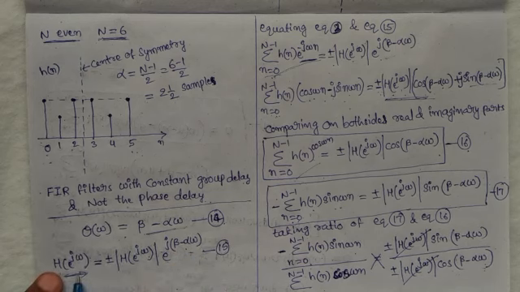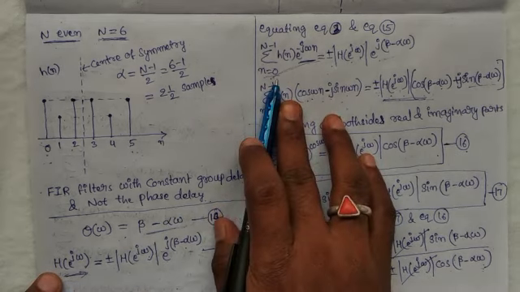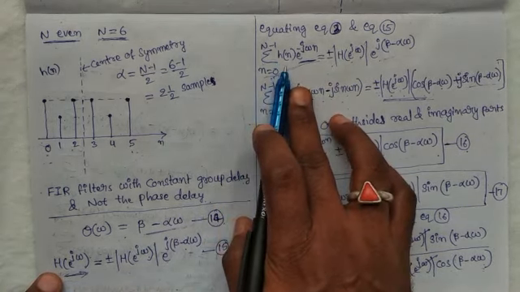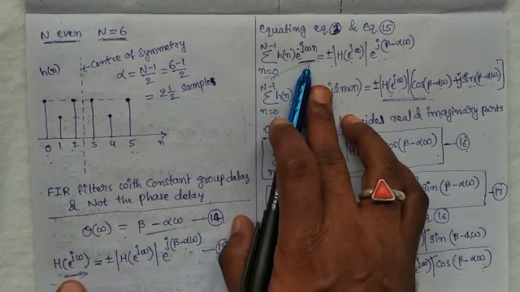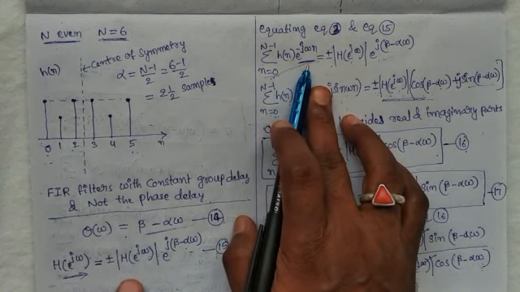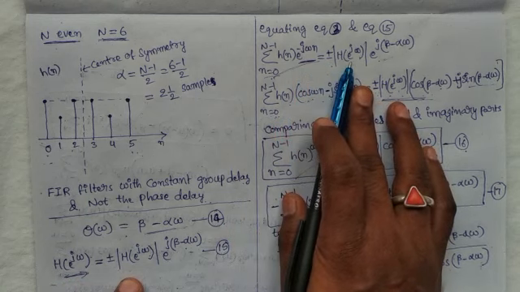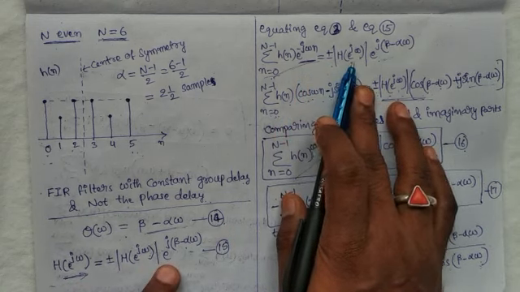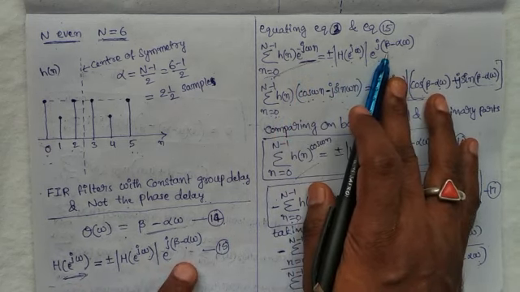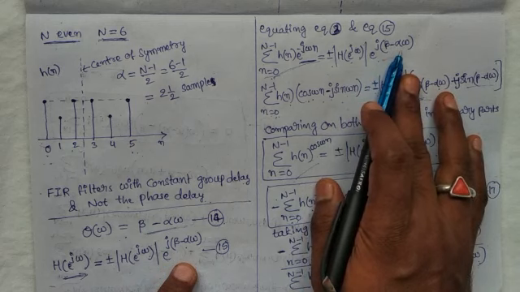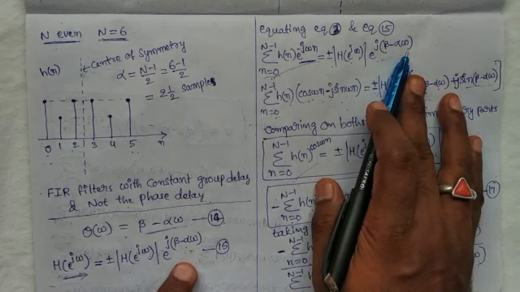Here we know H of e power j omega. How do we calculate H of e power j omega? Summation n equals 0 to capital N minus 1, h of n into e power minus j omega n, which is equal to plus or minus mod H of e power j omega into e power j of beta minus alpha omega.